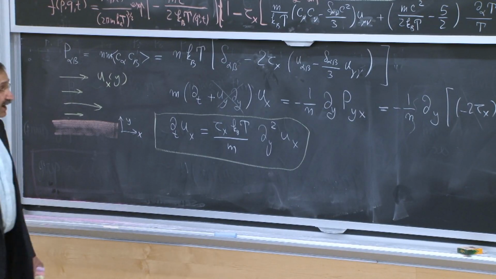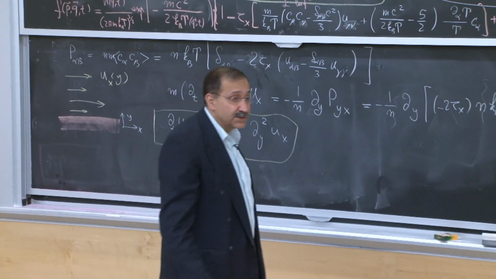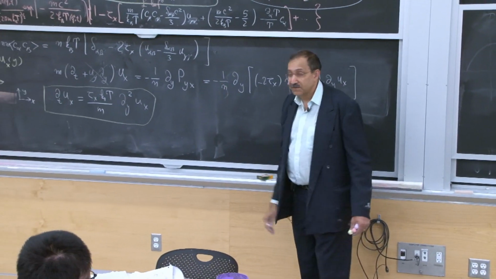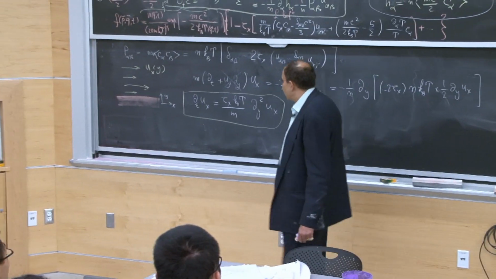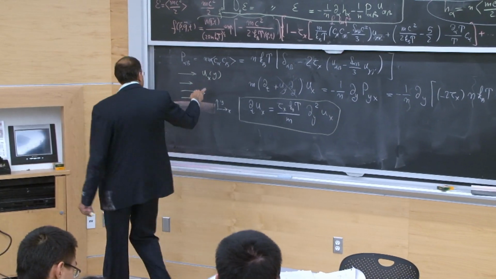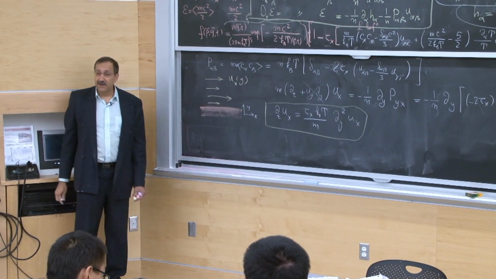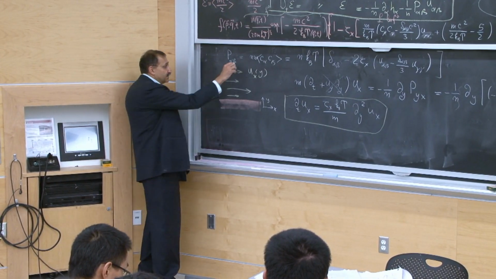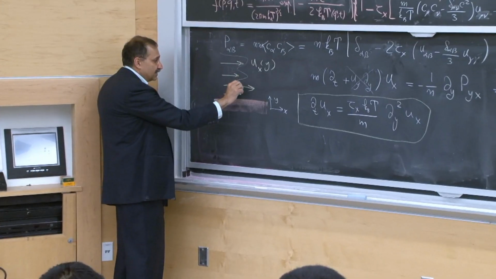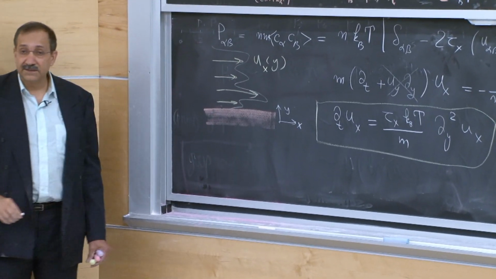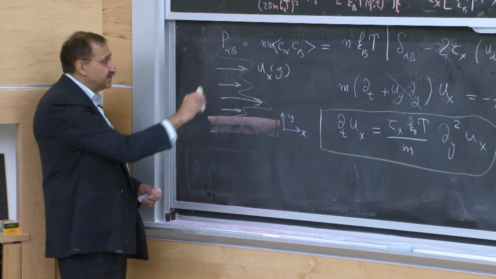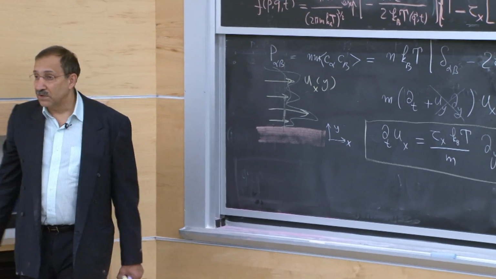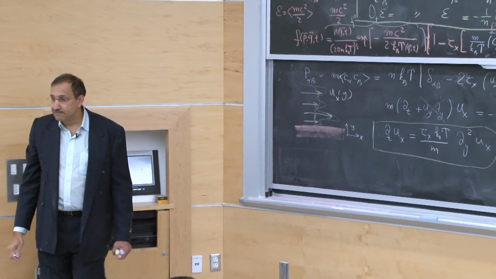So suddenly I have a different equation. Rather than having the time derivative not change, I find that the time derivative of ux is proportional to the Laplacian. It's a diffusion equation. And we know the solution to the diffusion equation, how it looks qualitatively. If I have a profile such as this, because of diffusion, eventually it will become more and more uniform in time.